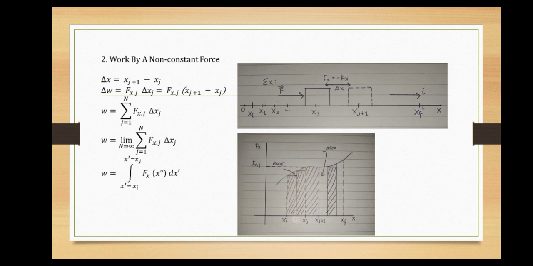Graphically, you see there is a slight error where the function is almost constant, but where the function changes, that's our error. But in the limit where n becomes infinite, the error becomes smaller. So the work is the area under the force versus position curve between the initial and final positions. That's our generalization of the definition of work.